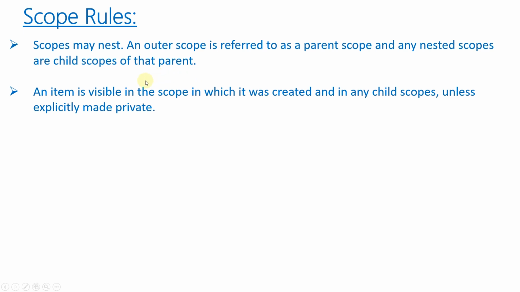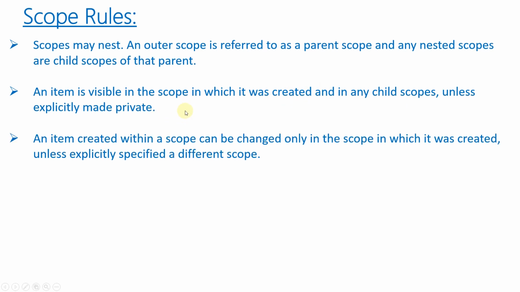If any scope has any item, then that will be visible in the same scope where it was created, and in the child scope also it will be visible unless we make it explicitly private.